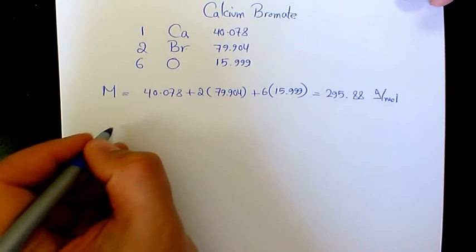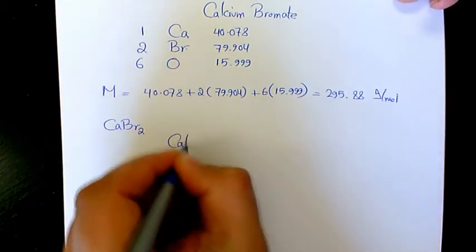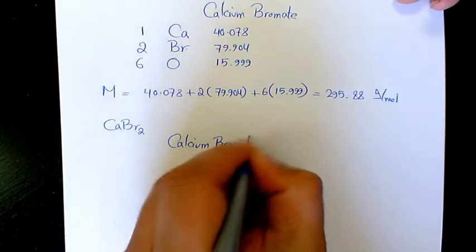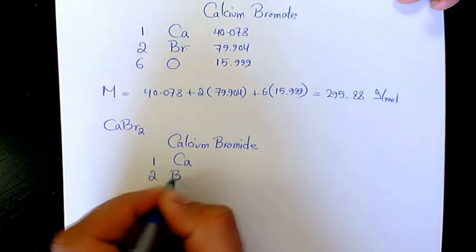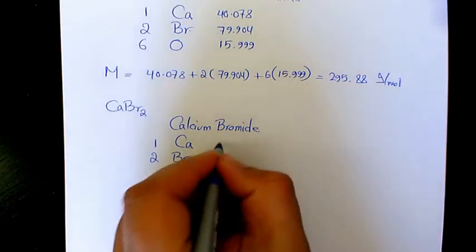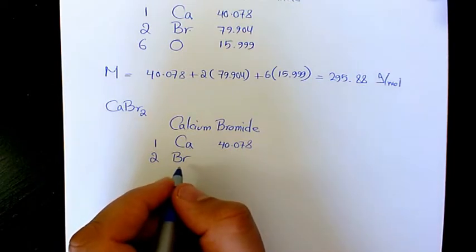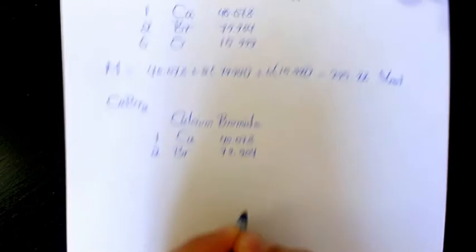Next one is CaBr2, which is calcium bromide, 1 atom of calcium, 2 atoms of bromine. The calcium atomic mass is 40.078 and Br atomic mass is 79.904.